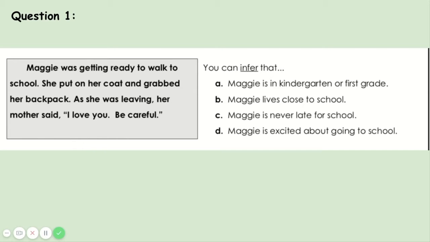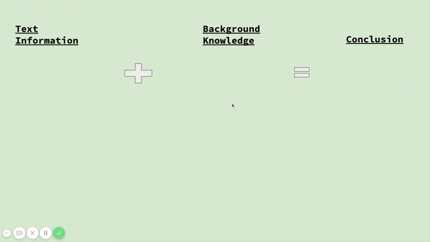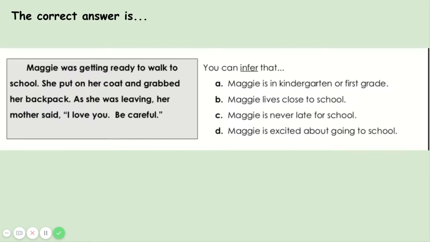So the best answer is that she lives close to school. This shows that the correct answer is B.